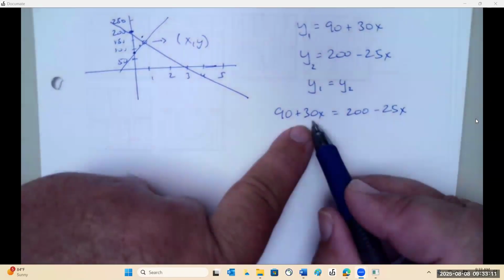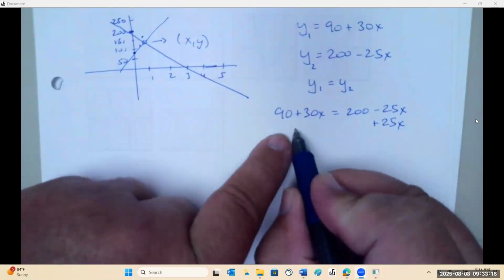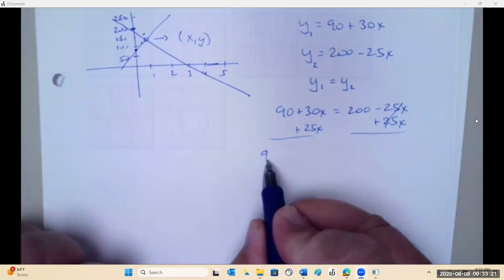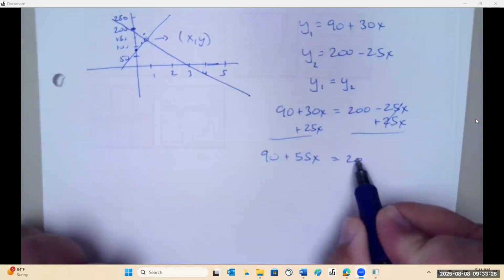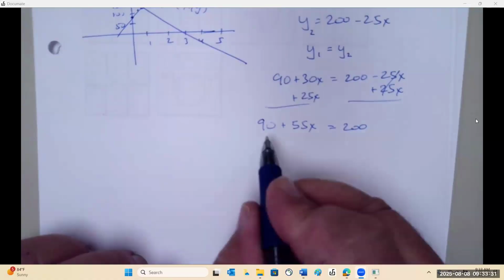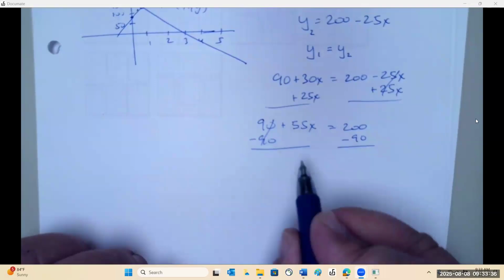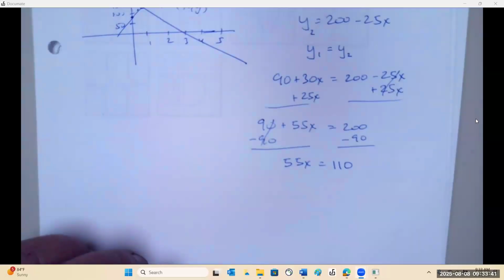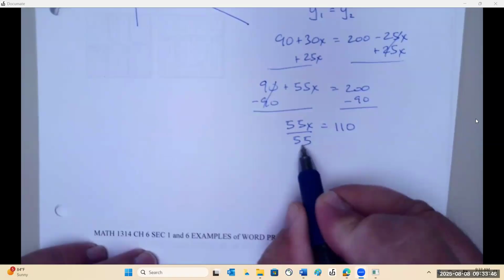Since 30x is bigger than negative 25x, we move all the x's to the left side. $90 plus 55x. Subtract 90. So we have 55x equals 110. Divide by 55.